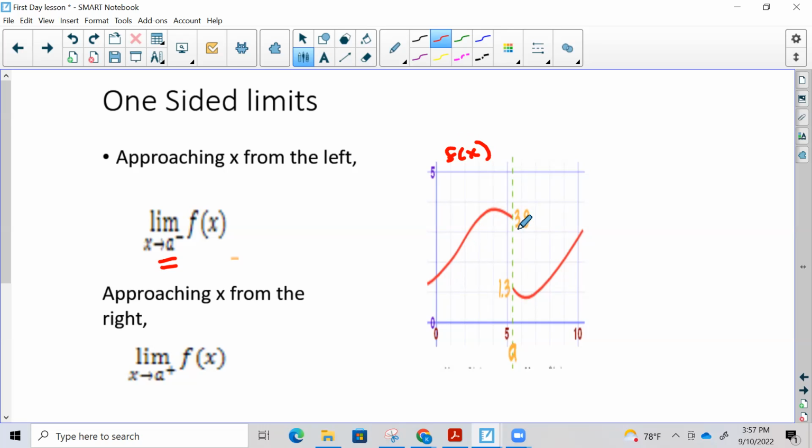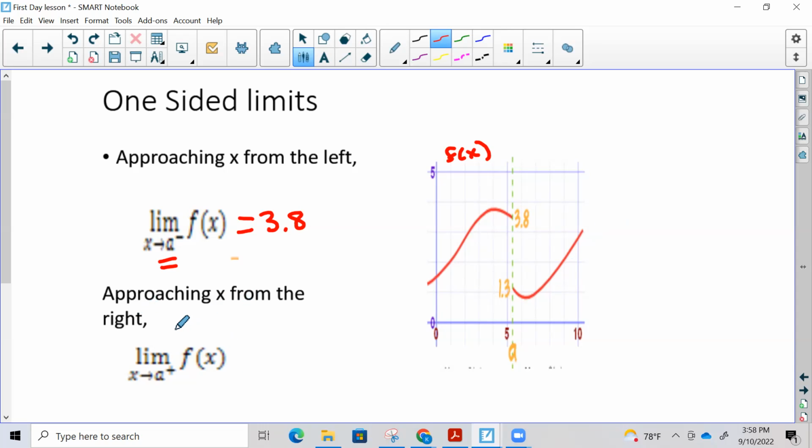And this is my function f of x. We can see this is a piecewise function where it has what's called a jump. If I trace this function from the left, going left to right, and see what y value it gets to, the y value at a is 3.8. Now, we also need to approach it from the other side.